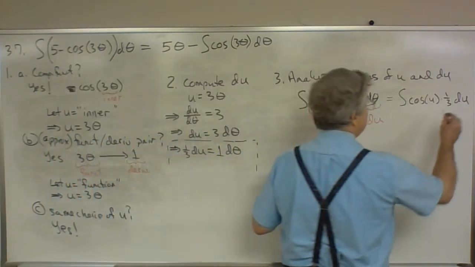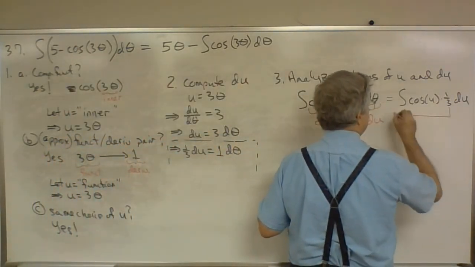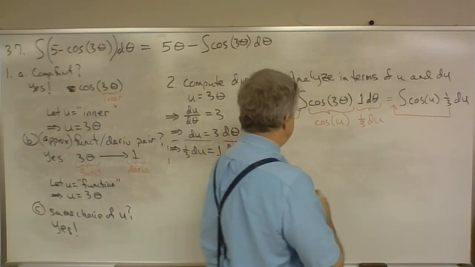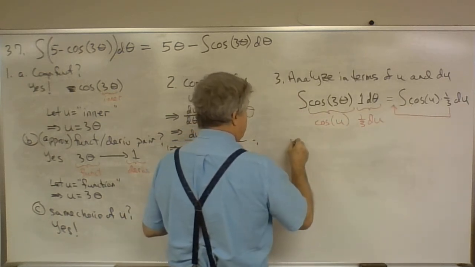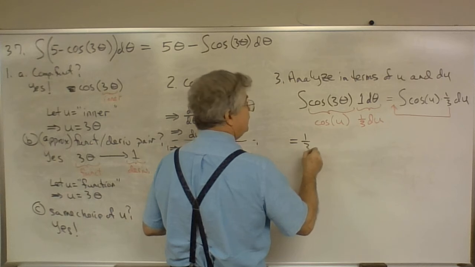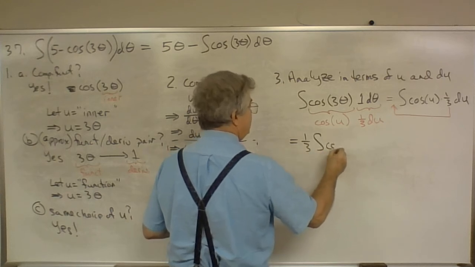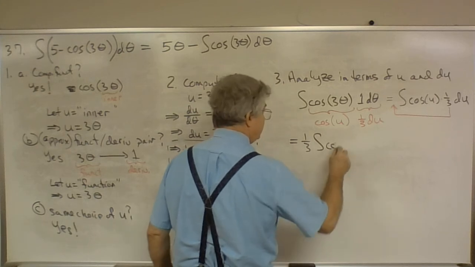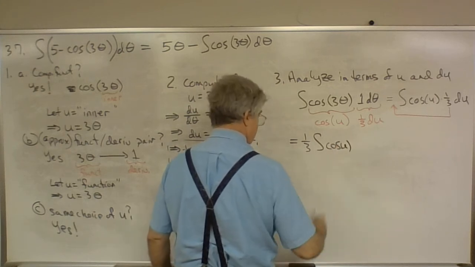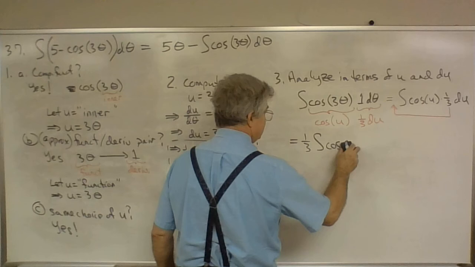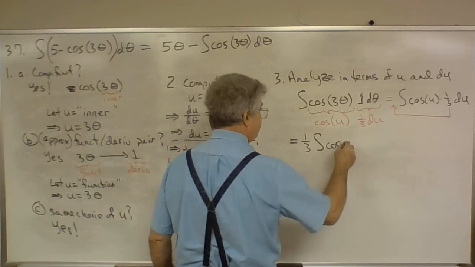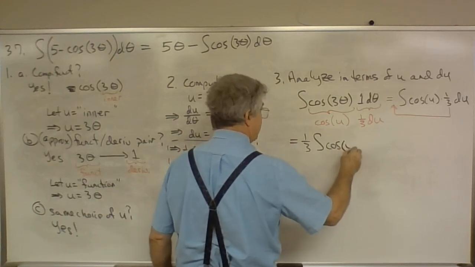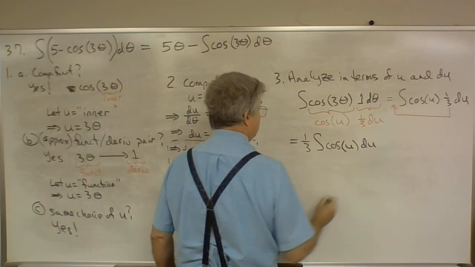So take this 1/3, move it out in front of the integral sign, and we get 1/3 the integral or antiderivative of cosine of u du.